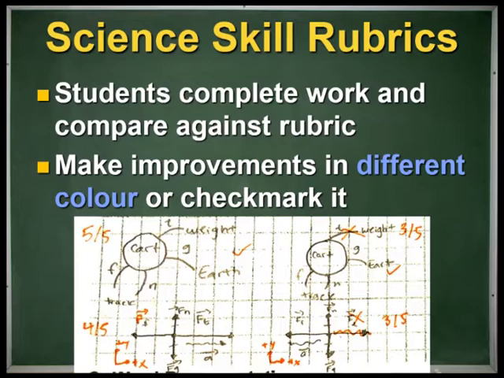That idea of the different color is really helpful. First of all, it helps to highlight in the students' minds the elements that they need to watch out for next time, to remember from this improvement process. And at a glance, when I look at their page, I can see that they've completed the improvement process using the rubric, and I can also see what they have changed.